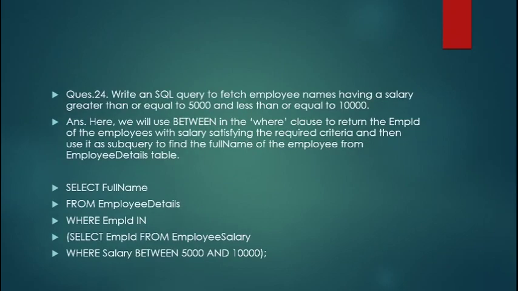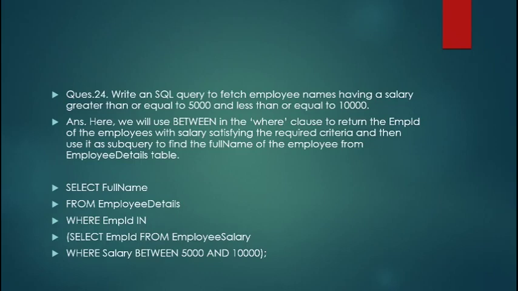Question 24. Write an SQL query to fetch employee names having a salary greater than or equal to 5,000 and less than or equal to 10,000. Whenever a case comes where you have to find greater than or equal to and less than or equal to, in that case you have to use the between clause.